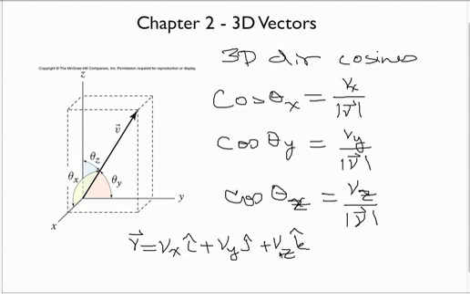What we've done here is we've divided this out by the magnitude. And what we end up with when we do this is what's called a unit vector.